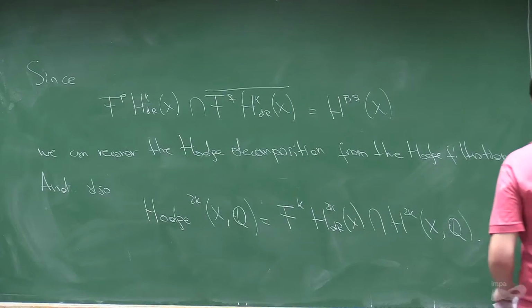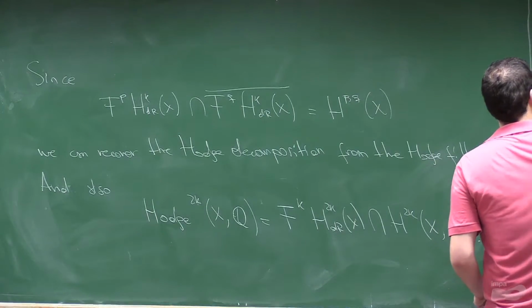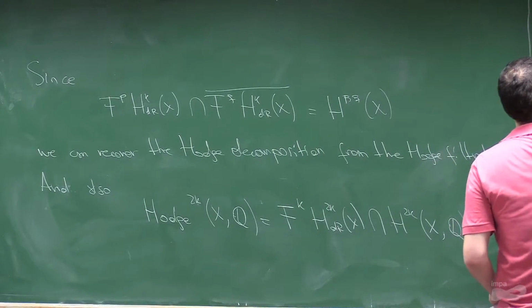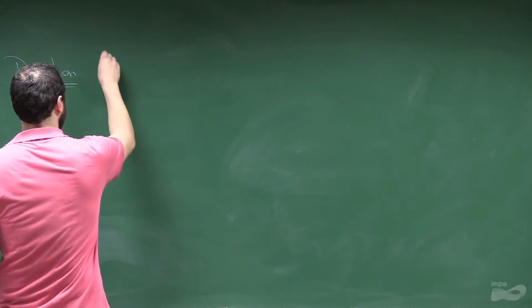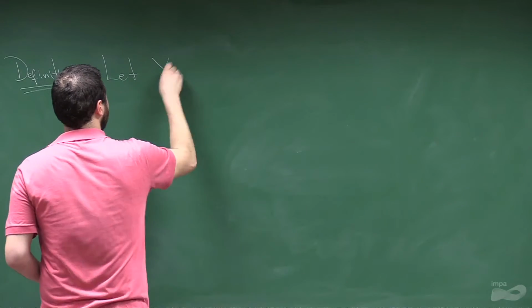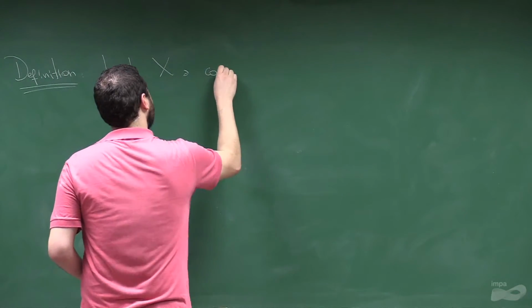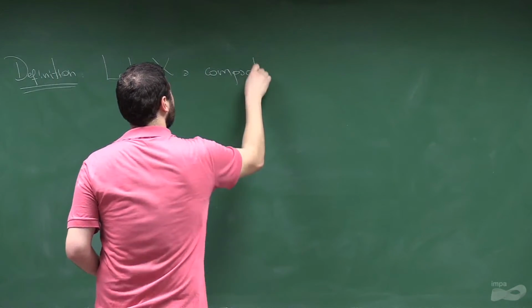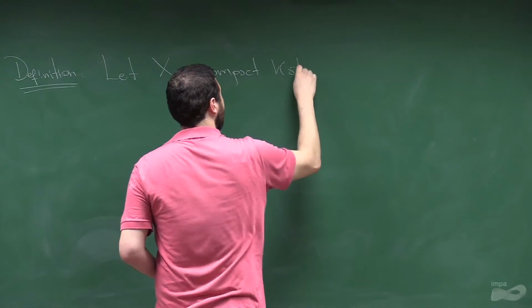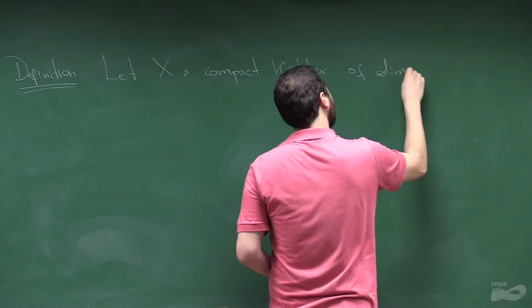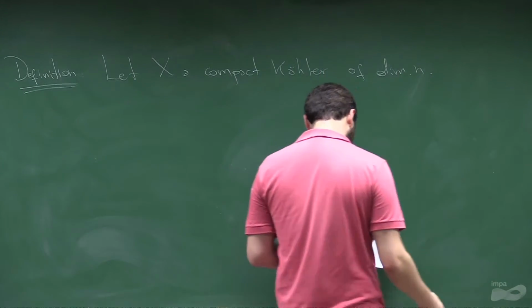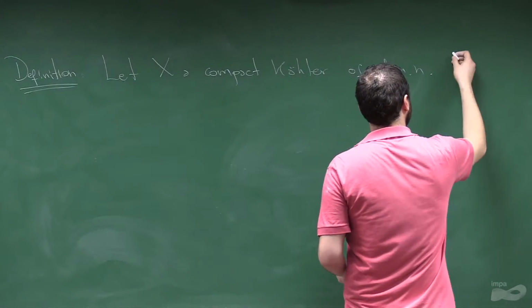Okay, so now, definition. Again, X compact Kähler of dimension n. We will define the intermediate Jacobian.